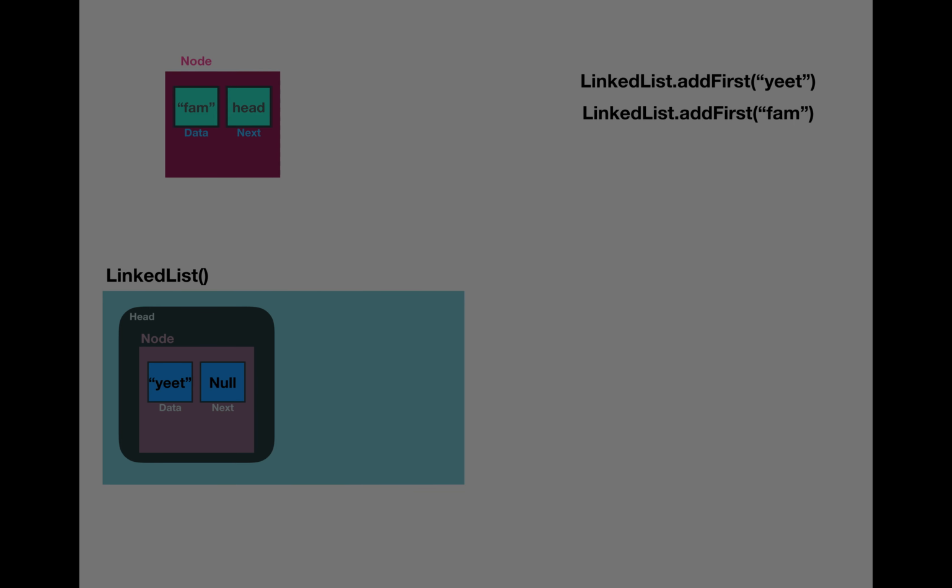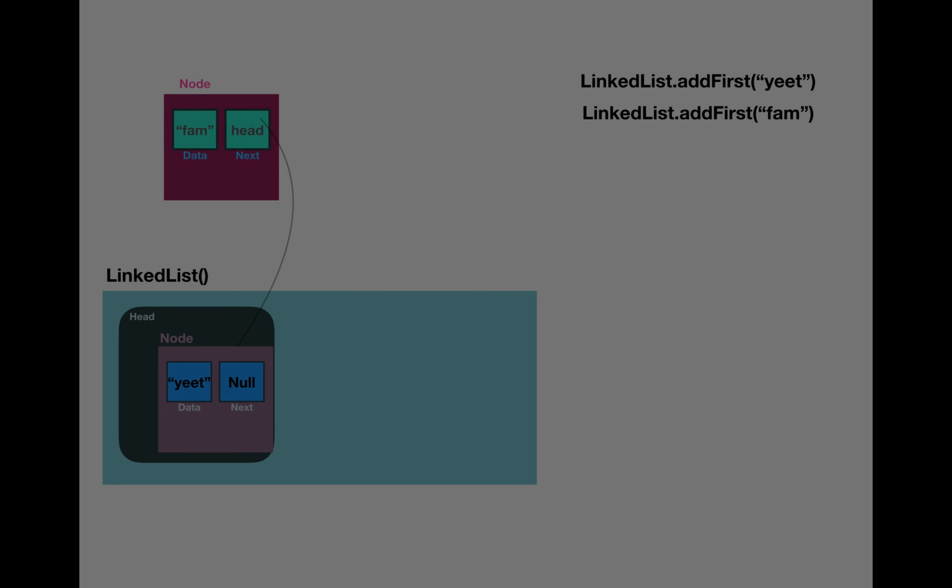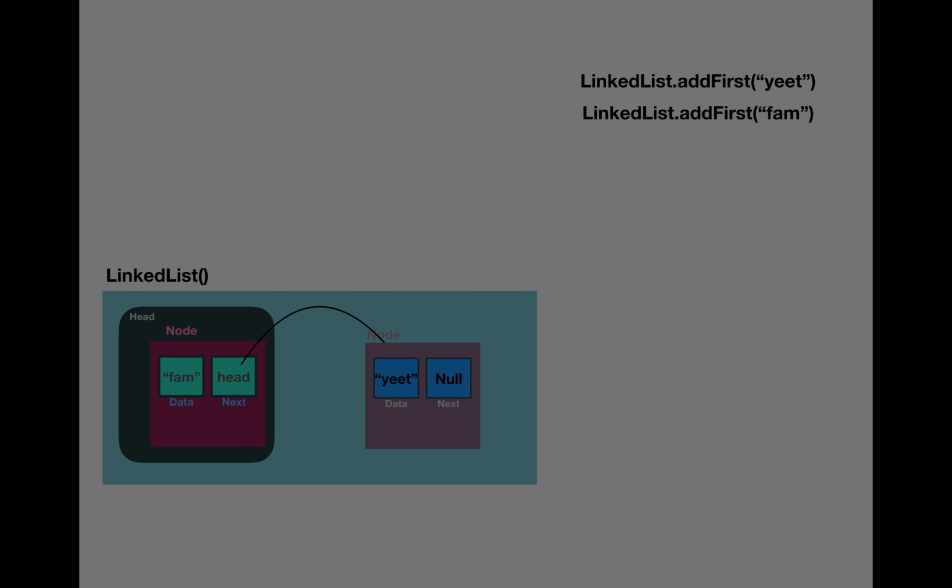But you also have to make sure that you are linking this current item to the next one. So you say the next one is going to be whatever is at head right now, and then you are going to make this item into the head. So now we have two things inside of our list.